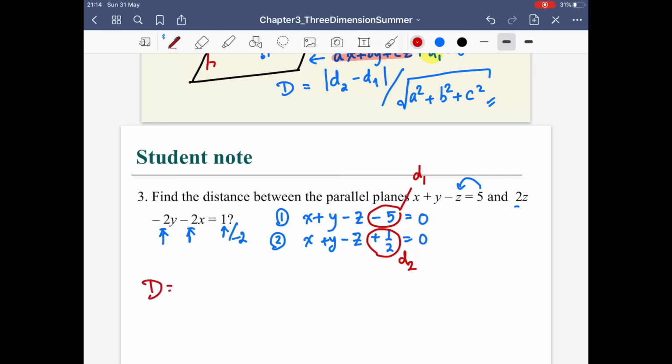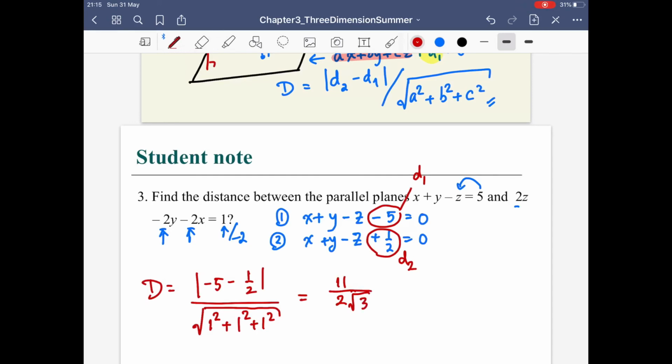The distance between these two planes is your d1 and d2 together, over the square root of the coefficients in front of x, y, z. So you get 11/2 over the square root of 3 as the distance.